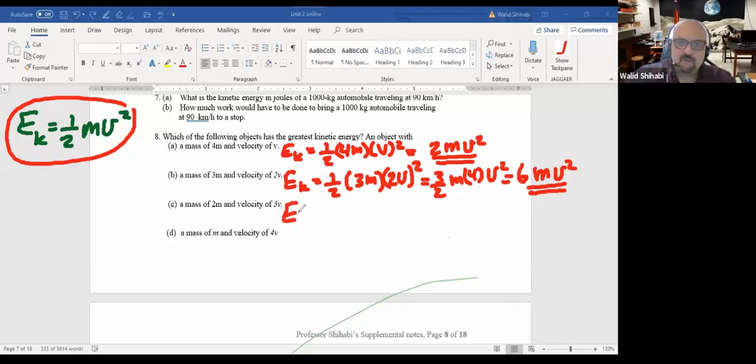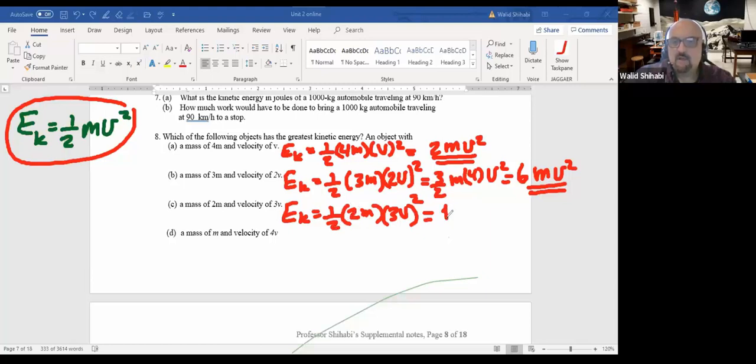We're applying the equation, E sub k, 1/2. Now the mass is what? The mass is 2m, so we'll use 2m here. And the velocity is 3v, and it's all squared. So this will give you, now 2 divided by 2 will give you 1.